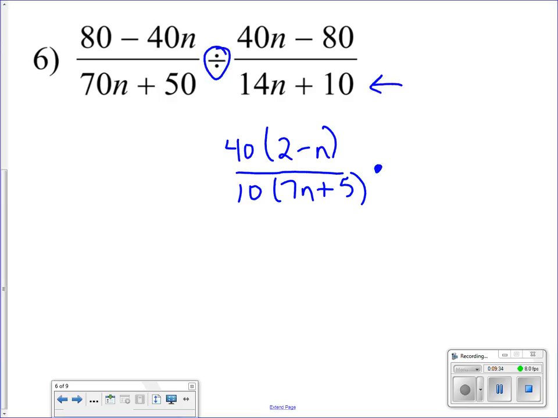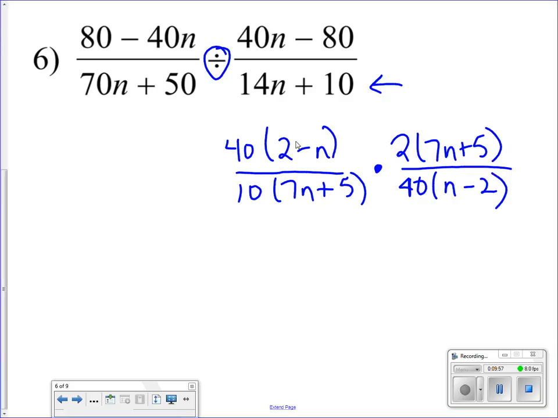And so now this is the numerator, 14n plus 10, and it has a GCF of 2. And the denominator is now 40n minus 80, which has a GCF of 40. So now multiplying, let's see if we can save ourselves some time.